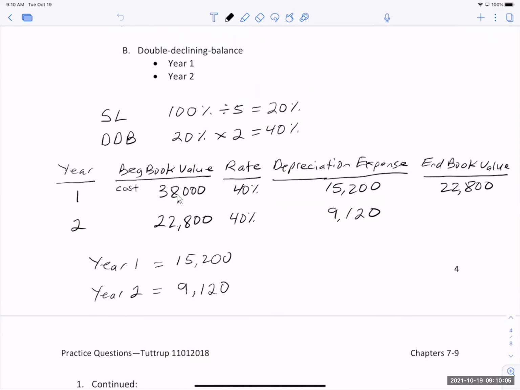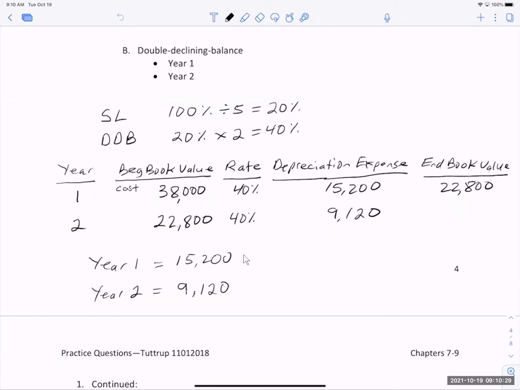Cost. So we take 38,000 times the rate, and you just put it in here, 40% in year 1, 40% in year 2, and you just keep doing that. So it's 38,000 times 40%. So my depreciation is 15,200 in the first year.